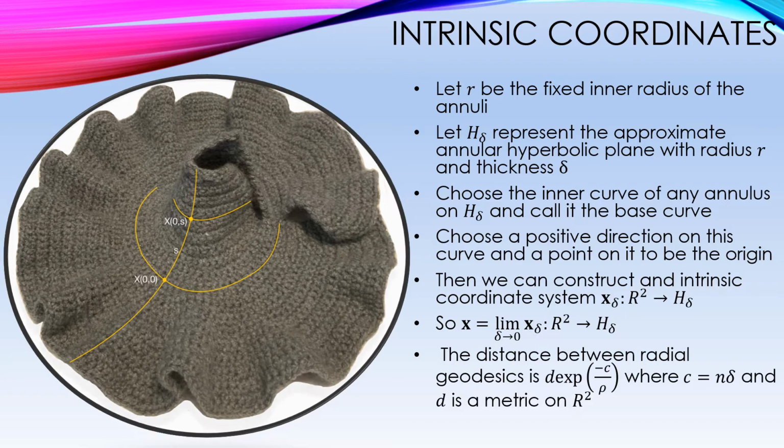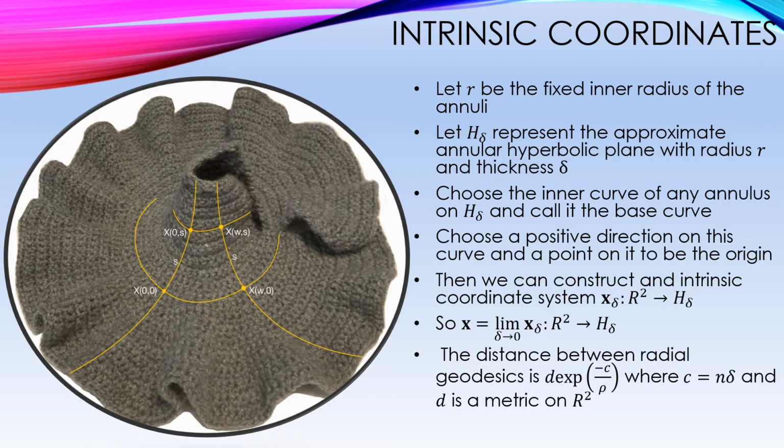Now let's plot another radial geodesic. Keep in mind that the annuli all have the same radius, and that every time we cross an annulus, the distance between the radial geodesics changes by a factor of rho divided by rho plus delta.